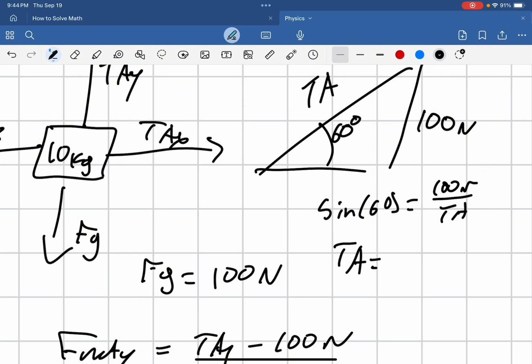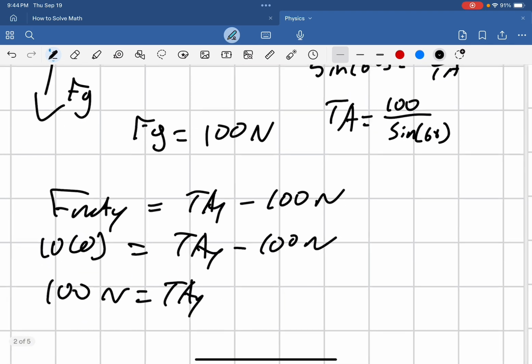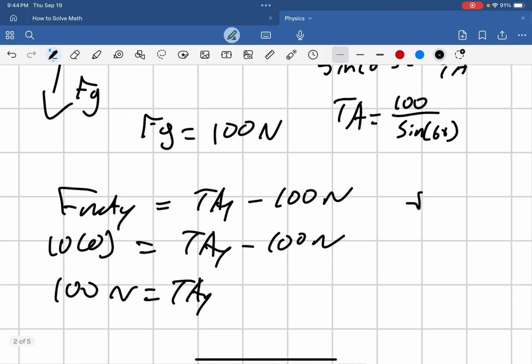T of A is going to equal 100 over sine of 60, and sine of 60 is also square root of 3 over 2.